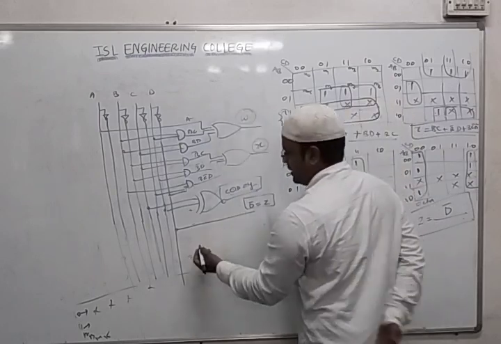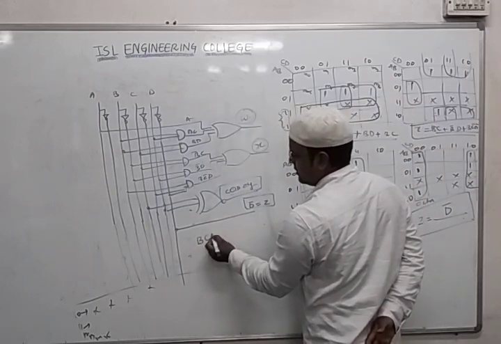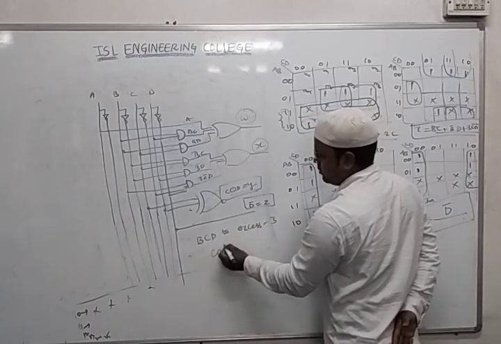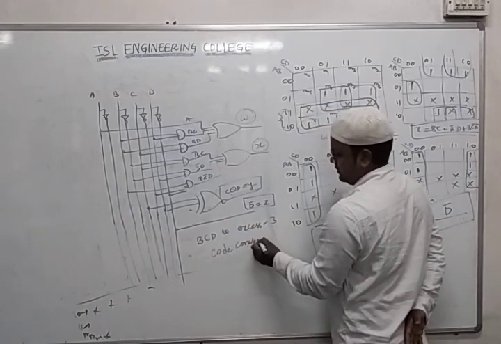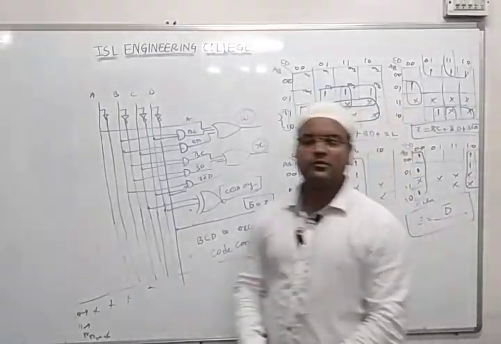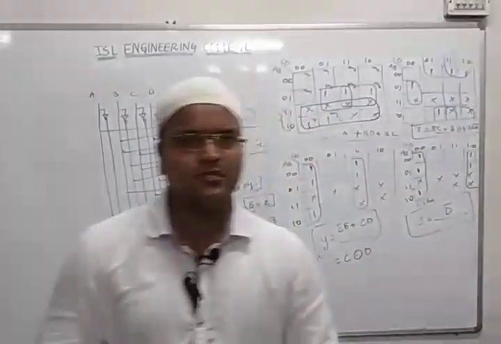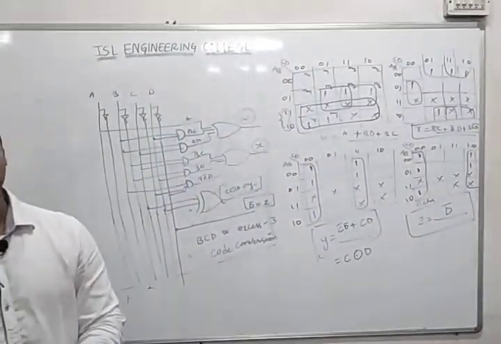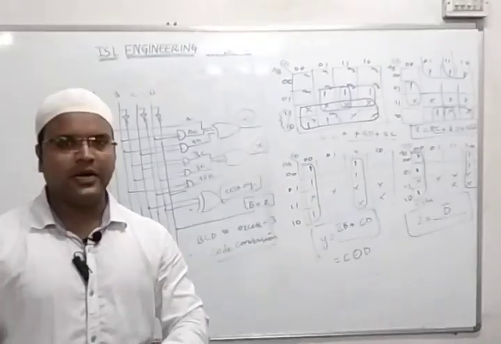So this diagram shows the BCD to excess 3 code conversion. The summary of this whole topic, code conversion of BCD: BCD contains 0 to 9, 10 min terms.